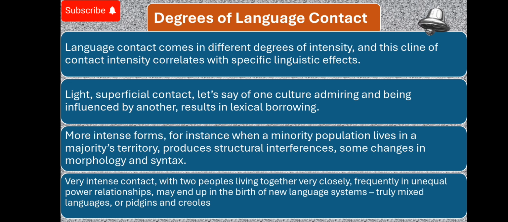So they say that when two peoples live together very closely and their status is unequal, one has a very high social class, one has a low social class, one is superior, one is inferior, this will end up in a new language system, and at first that language will be a Pidgin and later it becomes a Creole language.